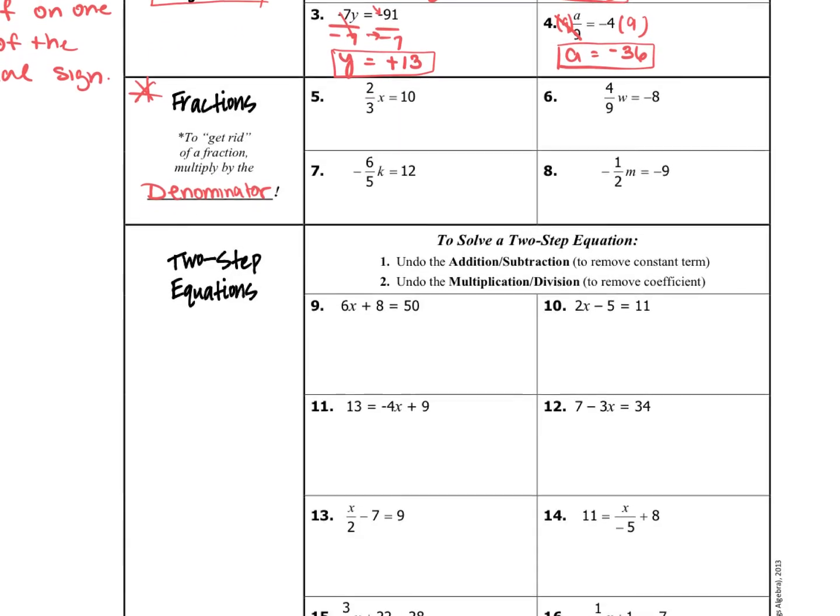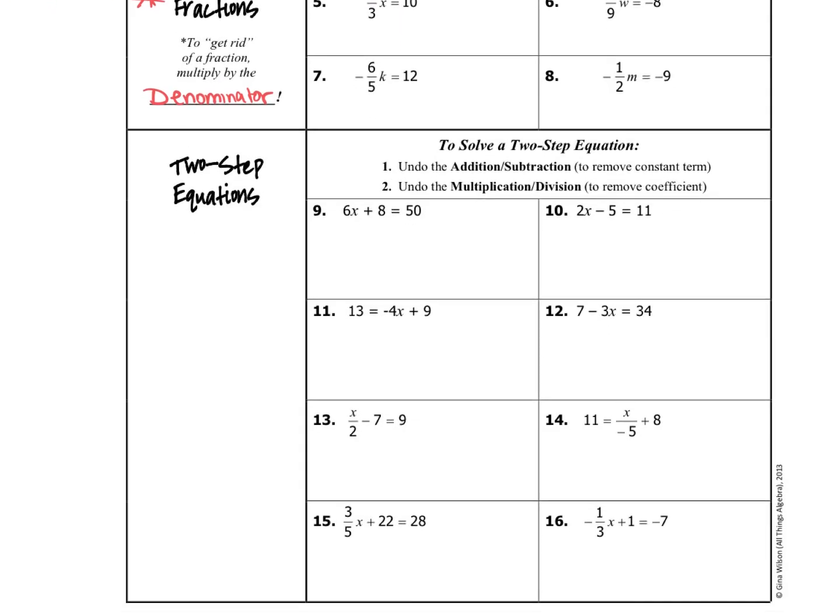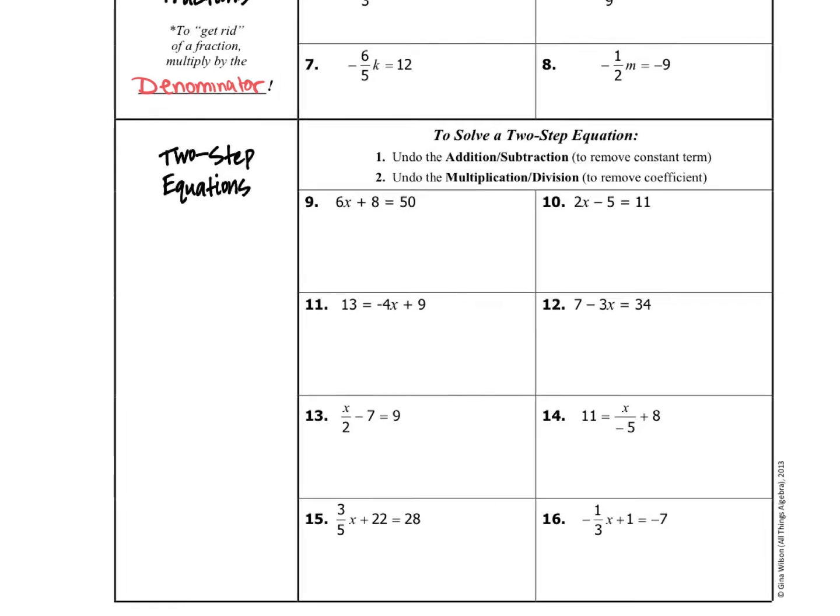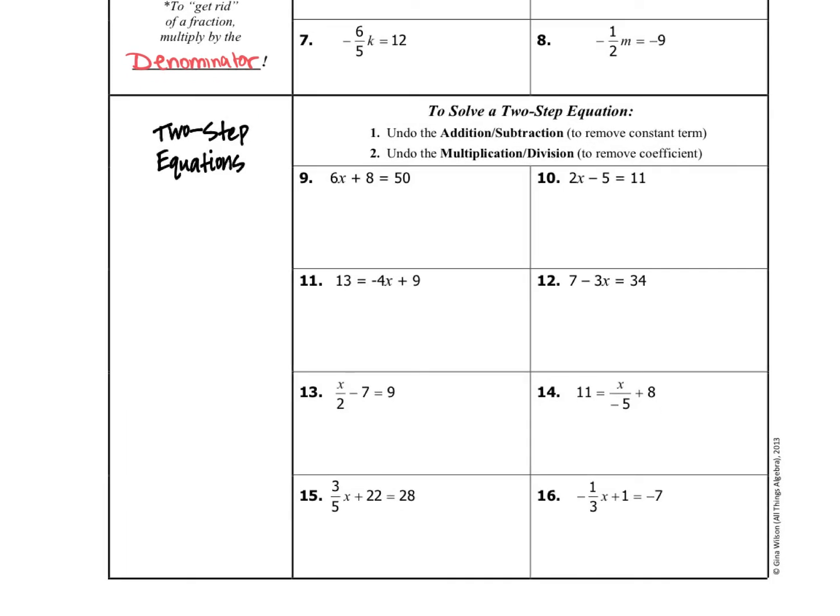We're going to move down to two-step equations. And with two-step equations, it says, number 1, undo addition or subtraction to remove the constant term, which is what we said. We want to get the variable by itself. And then you're going to multiply or divide to remove the coefficient. So in this equation, let's look at number 9.